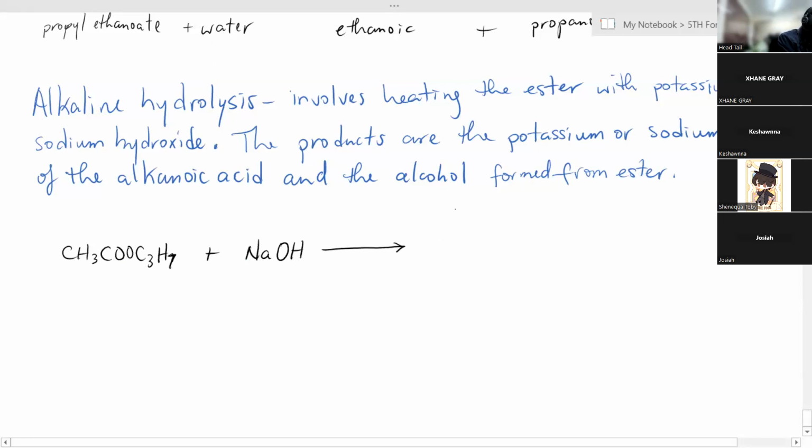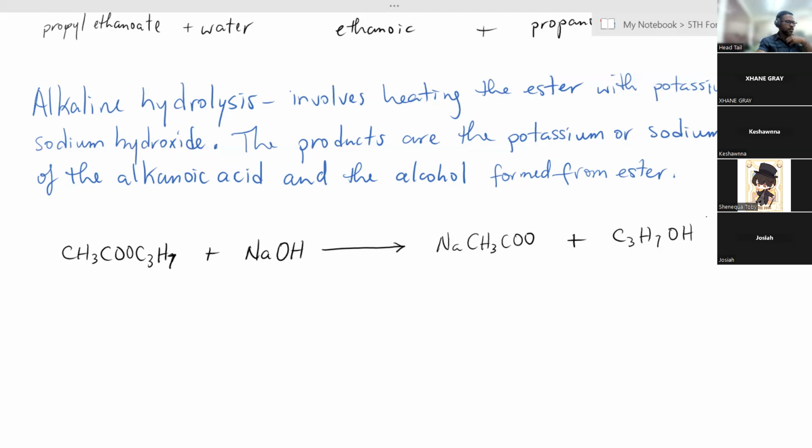And it's going to produce CH3COONa, plus C3H7OH, the alcohol. All right. So let me show you the 3 steps of this.